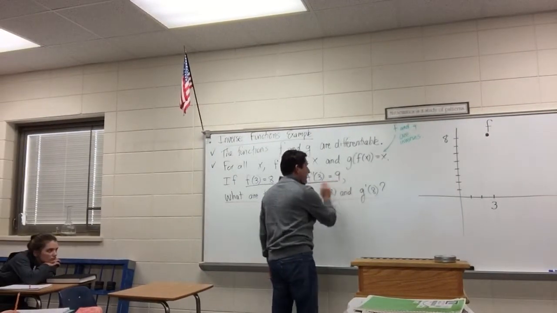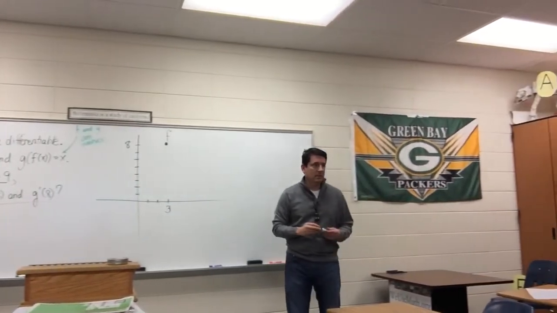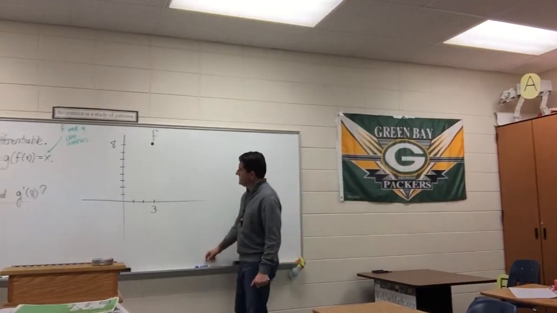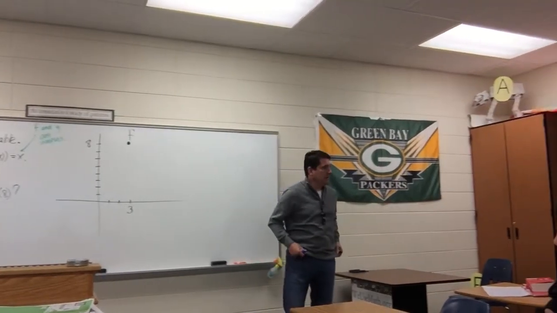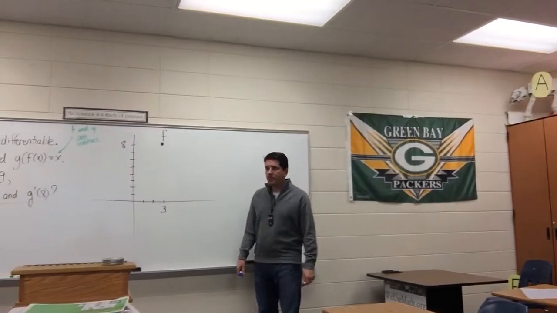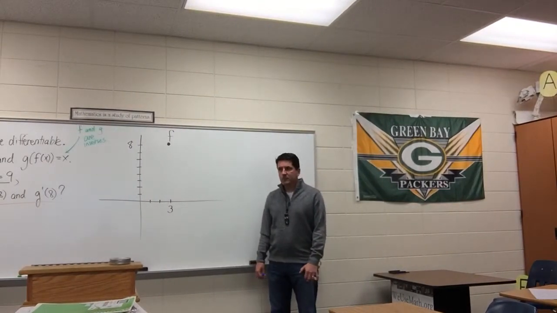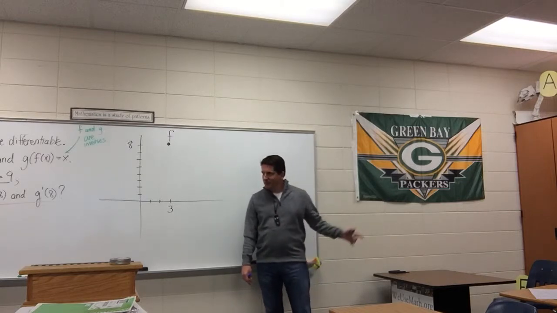Okay, f prime of 3 is equal to 9. What does that mean? F prime of 3 equals 9. What does that mean? We had one like this before, that f prime of 2 was equal to 5.